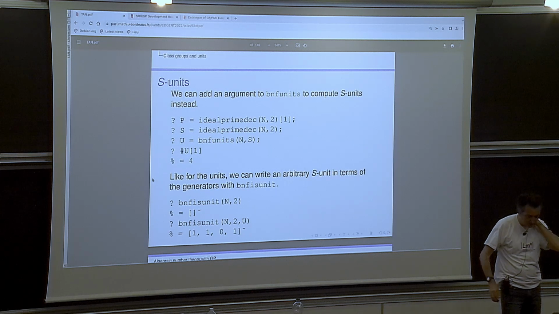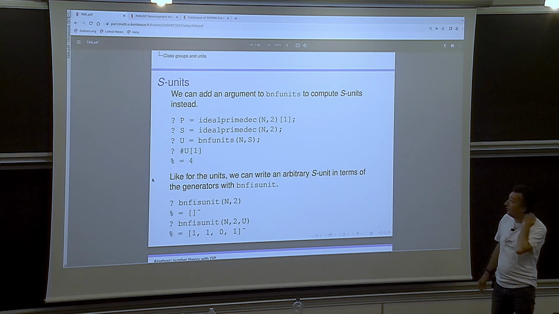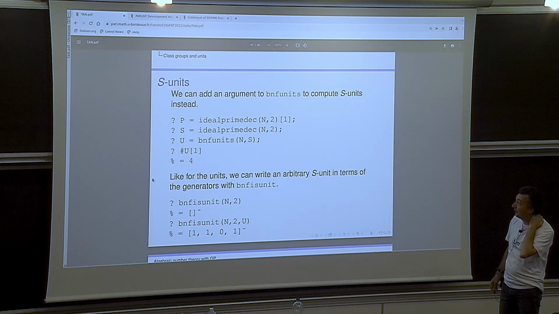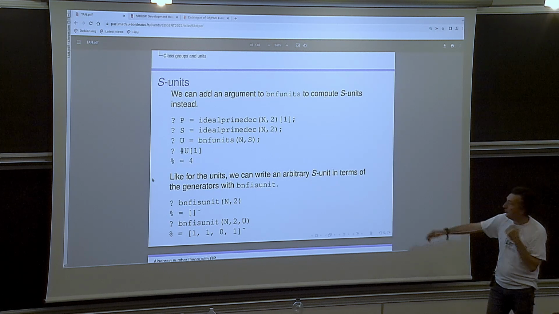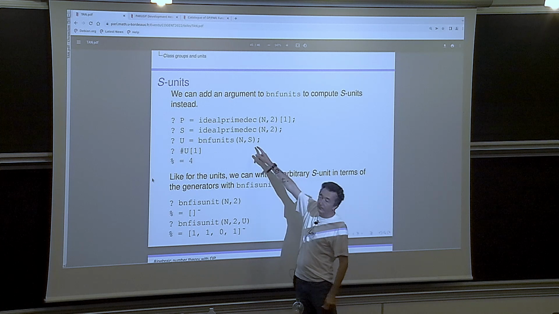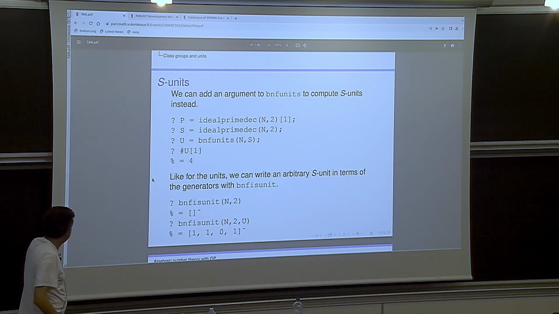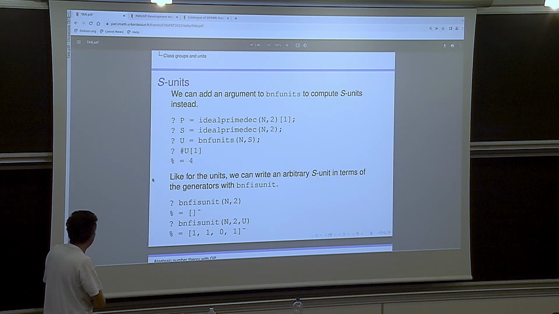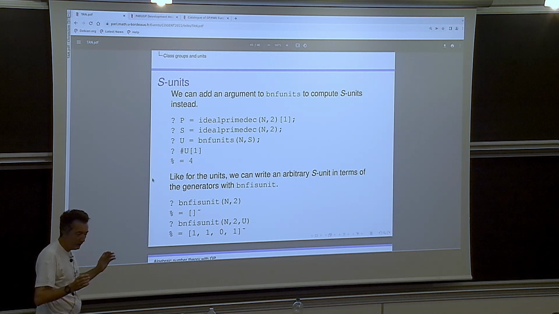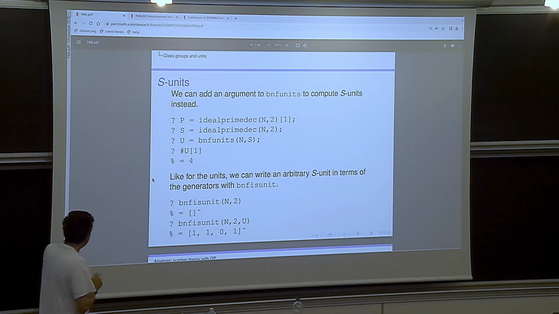You can also compute S-units. With the function bnfunits, you can specify a second parameter, which is the set of places for your S-units. S should be a set of ideals.